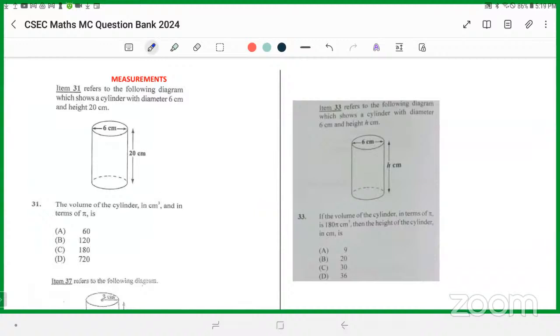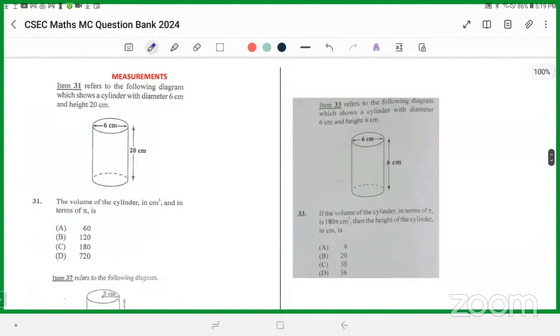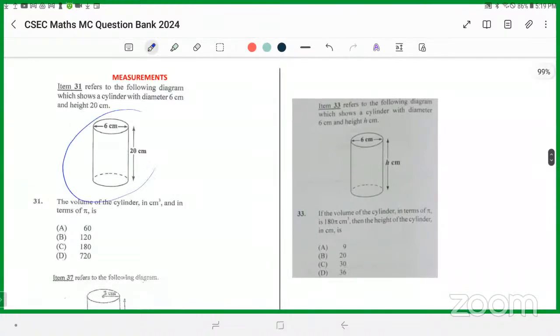All right, so let's just run through these questions and I'll see if I can point out some of the similarities and differences. Even on the screen, with this first question, this diagram and this diagram are the same, except that they give us this height here, but here they don't give it to us. They give us h. But the same diameter of 6, same cylinder.